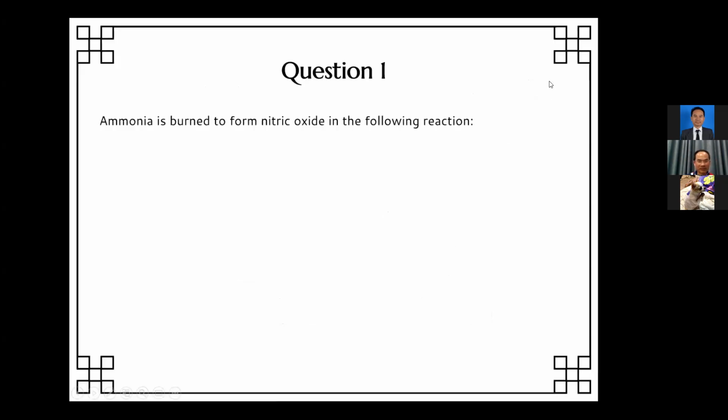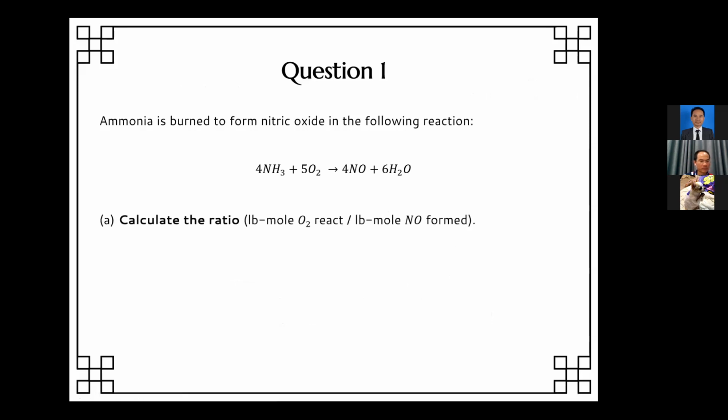Okay, so the first question is, ammonia is burned to form nitric oxide in the following equation. Question A, calculate the ratio of moles of oxygen reacted per mole of nitric oxide formed.